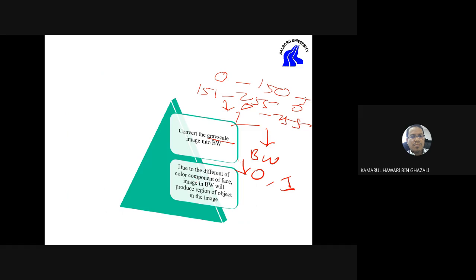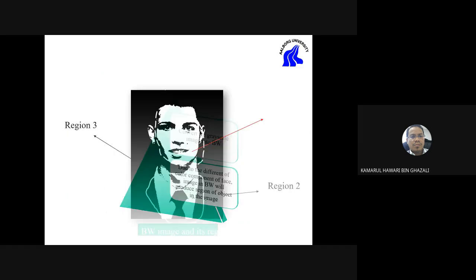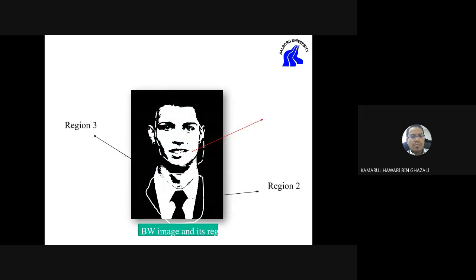Okay, due to the difference of color components of the face image in binary, we produce regions of objects. When we do the conversion, we get only two values, 0 or 1. It's easy to analyze compared to 0 to 255, where we have a range of values. So when you convert, you can make regions.